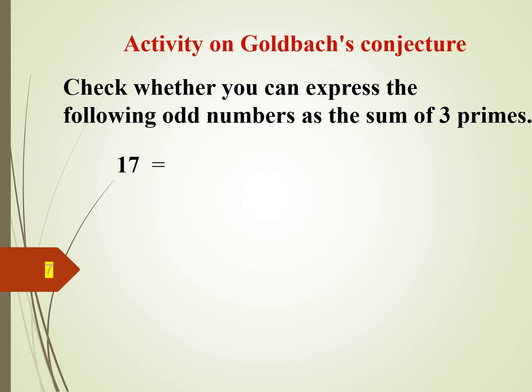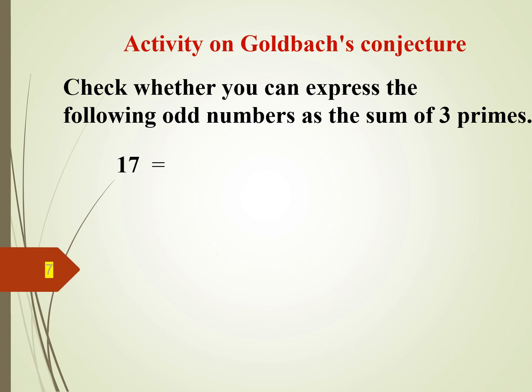Now we ask them to express odd numbers as a sum of three prime numbers. After students learn prime numbers, normally we ask them whether the given number is a prime number, something like that. But this doesn't develop any thinking.